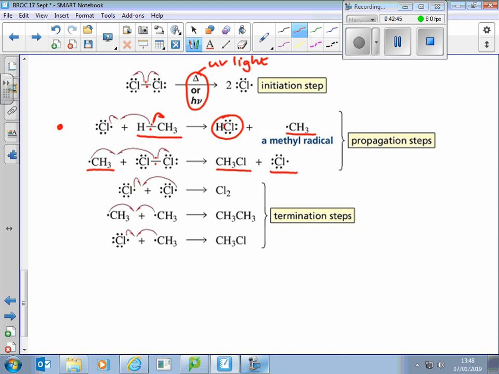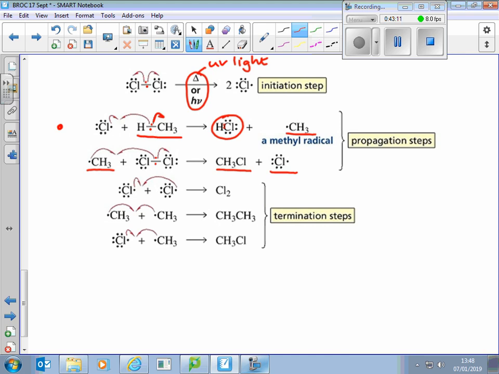And then this time we've got 3 termination steps. As I said with the other one, we were one missing. So we've got 2 chlorine free radicals that could bump into each other and reform a chlorine molecule. We could have 2 methyl free radicals bumping into each other and forming ethane. Or we could have a chlorine and a methyl free radical bumping into each other and creating the chloromethane.